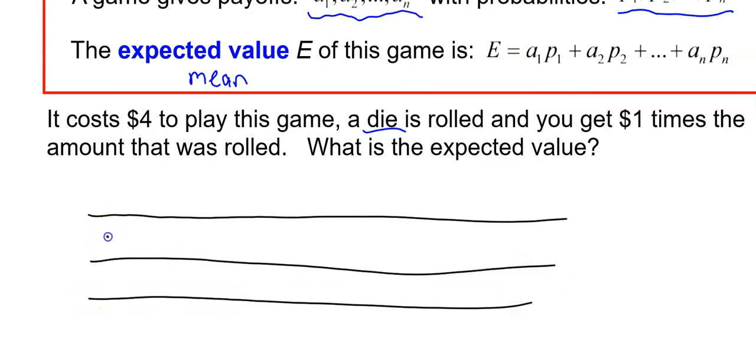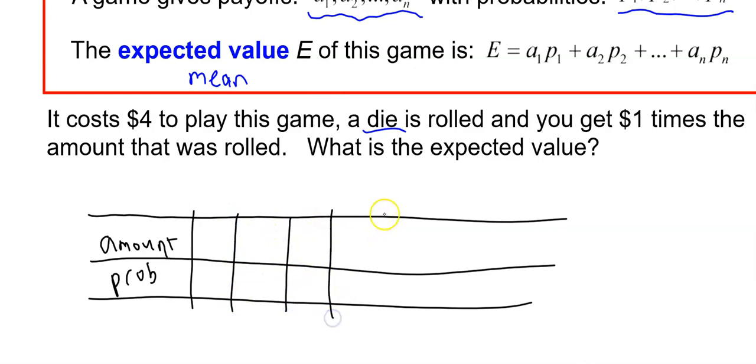So I'm going to call this A for the amount you're going to get at the end, and the probability of that amount. We'll have different outcomes here. It looks like there's going to be 6 outcomes: 1, 2, 3, 4, 5, 6. Probabilities for each of those are 1/6, right? You can roll a 1, you can roll a 2.